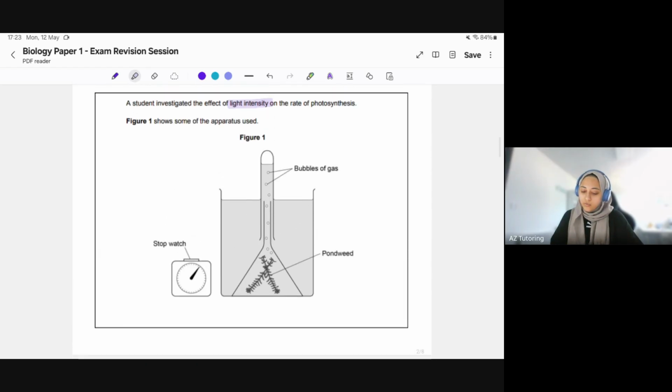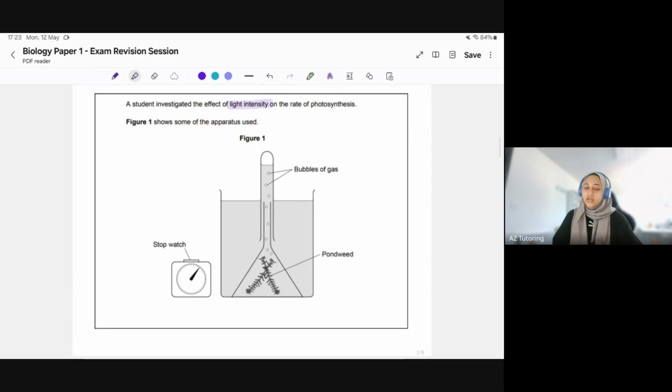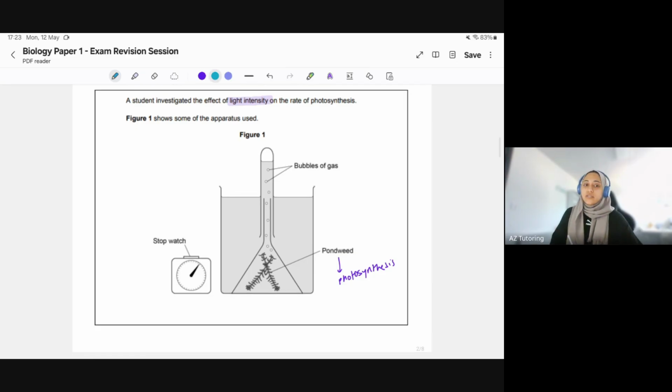Now, what I'd recommend, when you jump into the question, try and understand what everything is in the question before jumping into it. So for example, if we've got pondweed here, we know pondweed is carrying out photosynthesis. And you should know the equation for photosynthesis. Don't just memorize it word for word, understand it. So the plant takes in carbon dioxide from the surroundings.